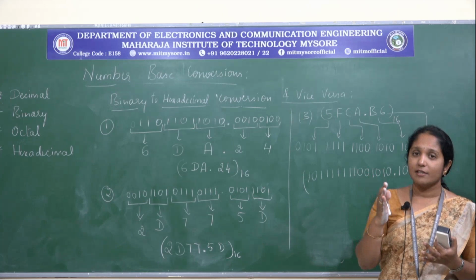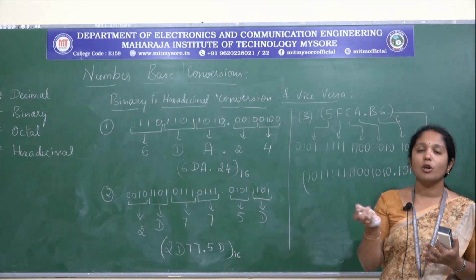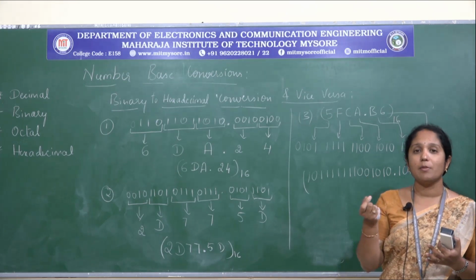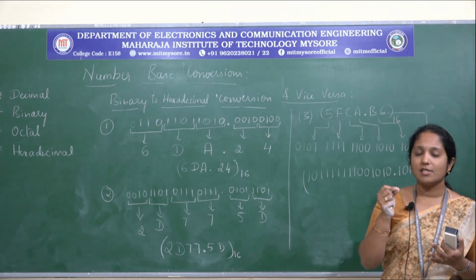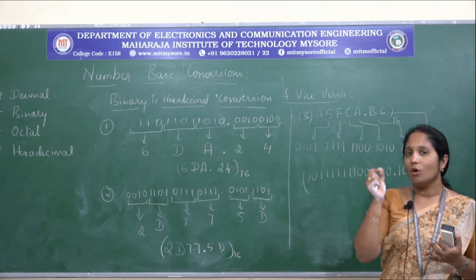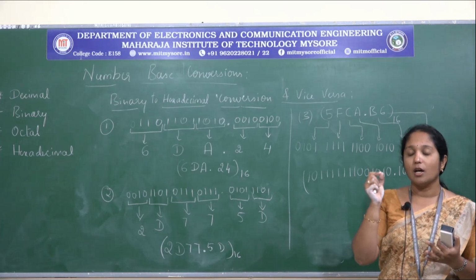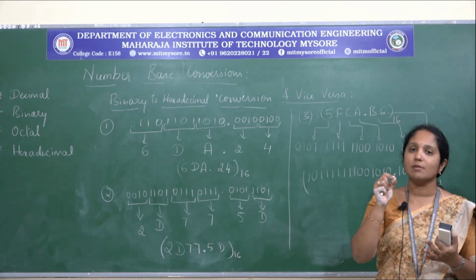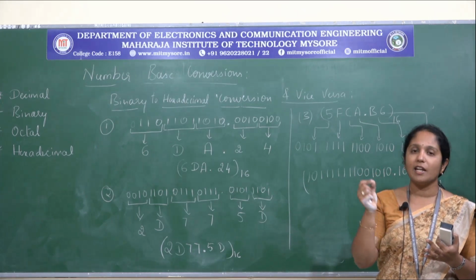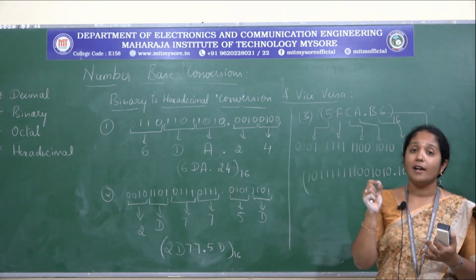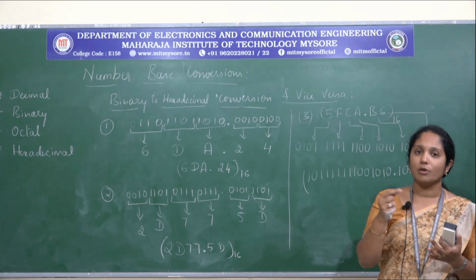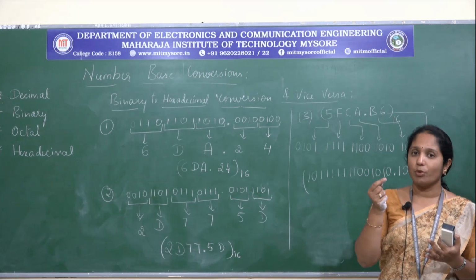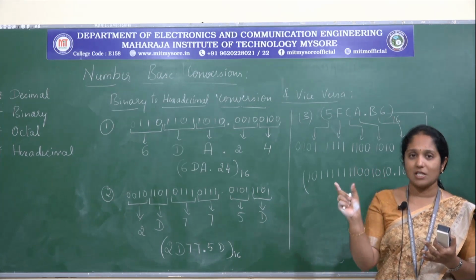If you consider the fractional part, we multiply by 2, and at each step we write down the digit before the decimal point, either 1 or 0. While passing to the next iteration, we consider only the fractional part.